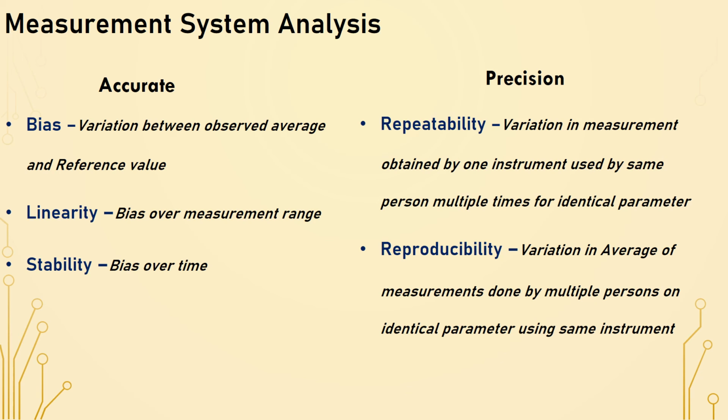And stability is bias over time. The same 5 mm reference parameter is taken in the morning, evening, night. Circumstance and environment affect in some cases. That is called stability. Bias over time is called stability.